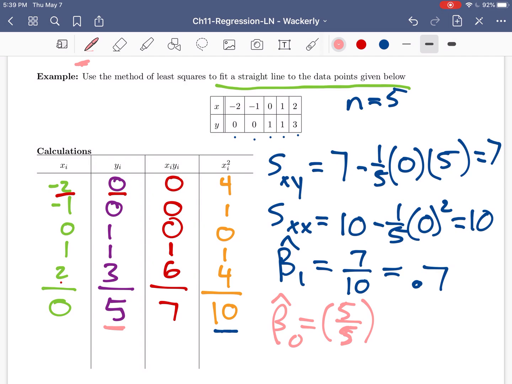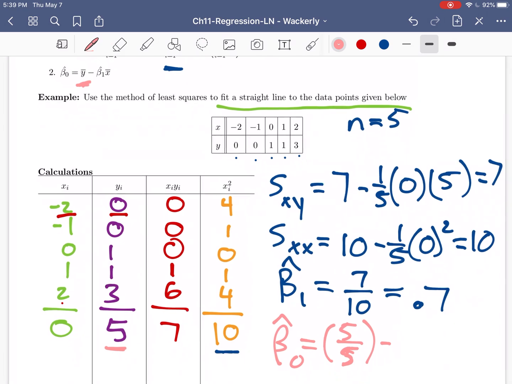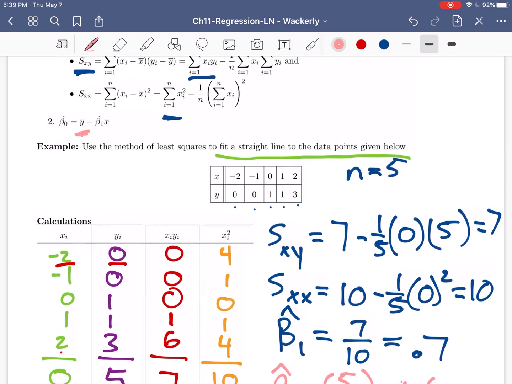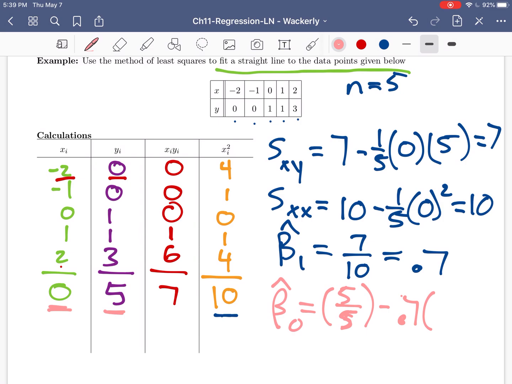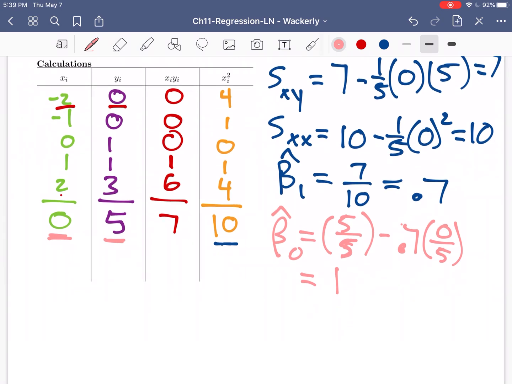And then from that, we are going to subtract beta 1, the 0.7, times the mean of the x values. The mean of our x values is 0. Well, it's 0 divided by 5. It's the sum of the x values divided by the number of x values that we have. And so we end up with beta naught equal to 1.